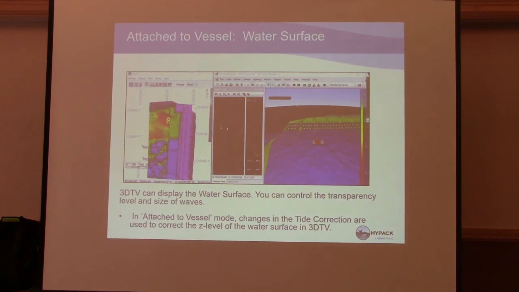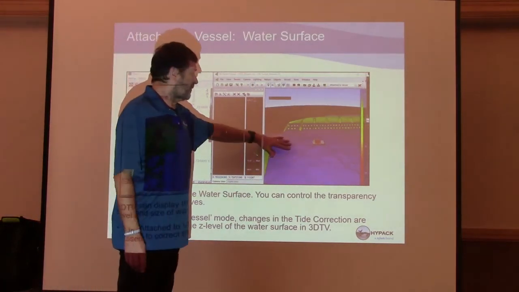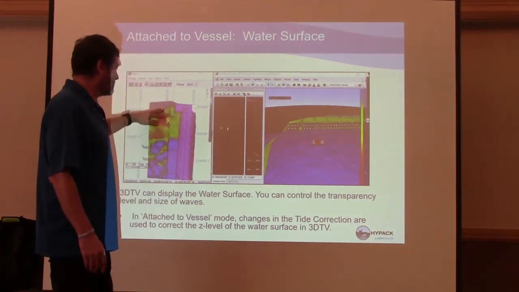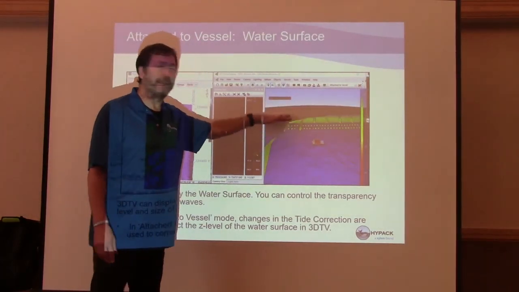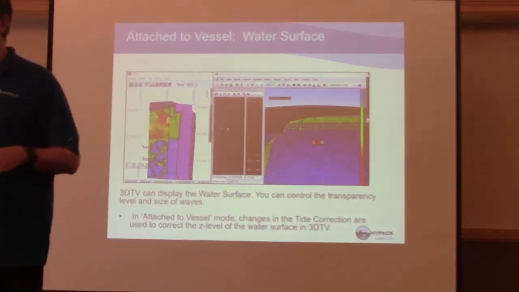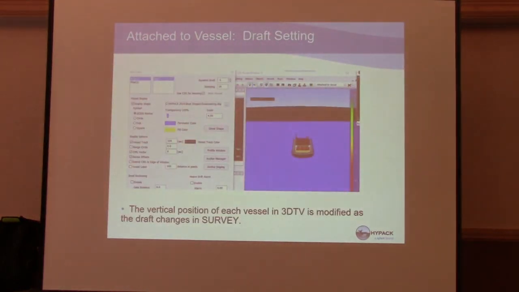What's cool about it is that since it's tied to the survey program, you can add a water level surface to it, and as the tide increases or decreases in the survey program, you'll see the vessel move up and down, and the water level move up and down in real time. Same with the draft settings.